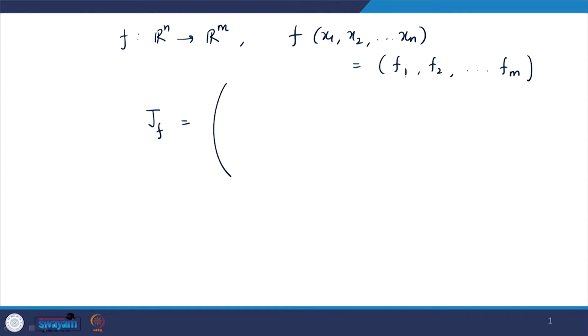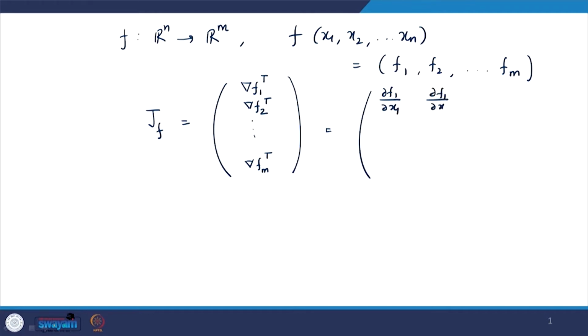First you take f1 and differentiate partially with respect to x1, x2 up to xn. That is nothing but the gradient of f1, then the gradient of f2, and the gradient of fm, and of course, transpose will be there. So, that will be del f1 upon del x1, del f1 upon del x2 and so on, del f1 upon del xn.